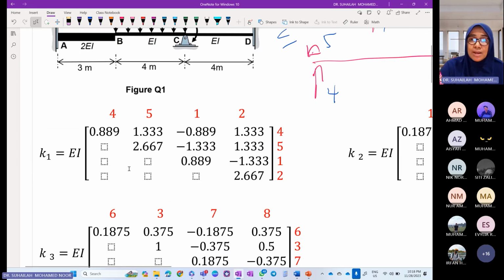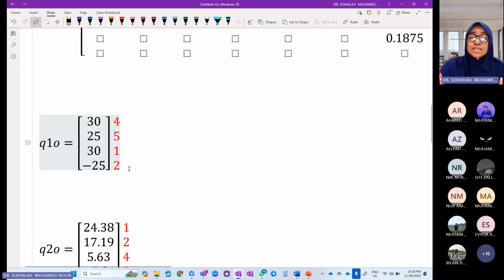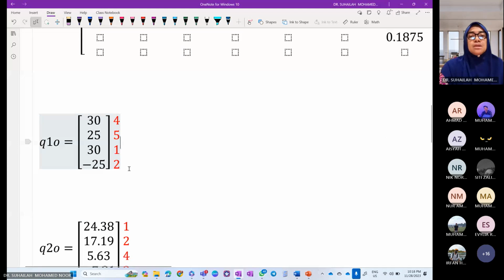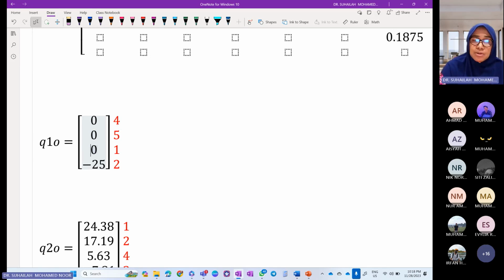We use 4512 in K1, and we use the same for the Q1 naught. And the values are all 0, because on member AB there is no load. There is no load on the member, not at the joint.